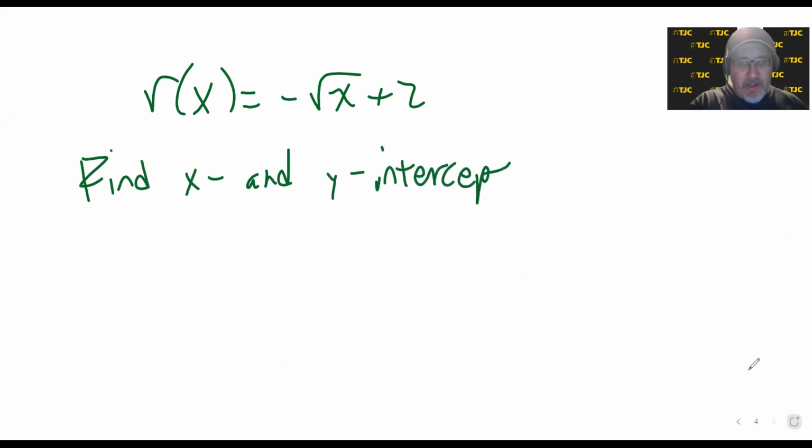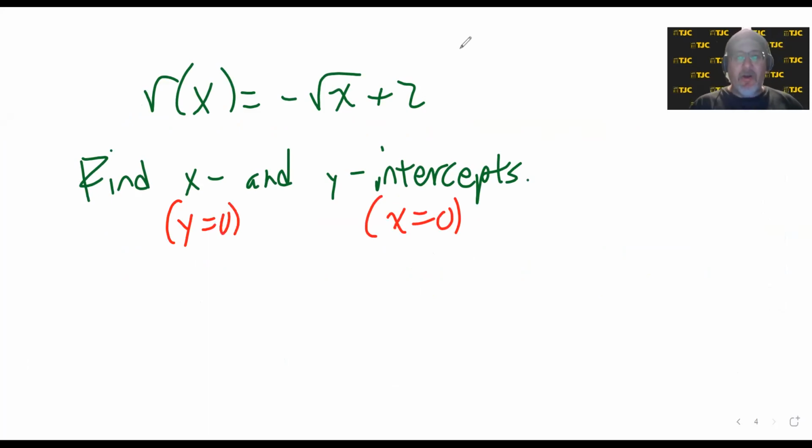What we already learned in class earlier today is that the y-intercept is when x is equal to 0, and the x-intercept is when y is equal to 0. So to find these intercepts, we just have to take turns letting the correct input or output be 0. For the y-intercept, we let x equal 0, but in the function, the x is the input.